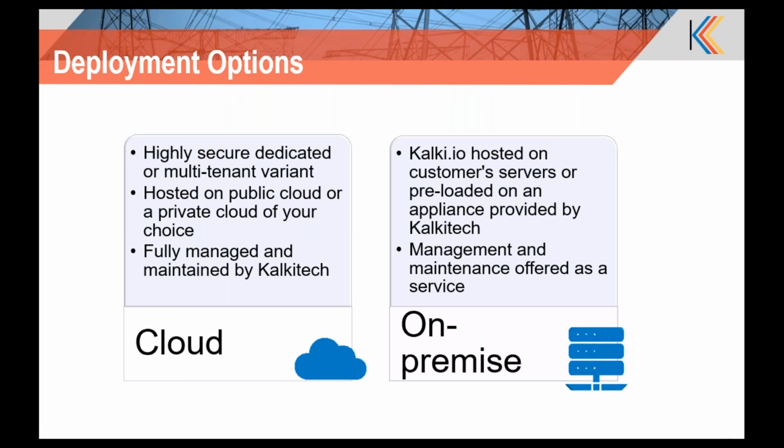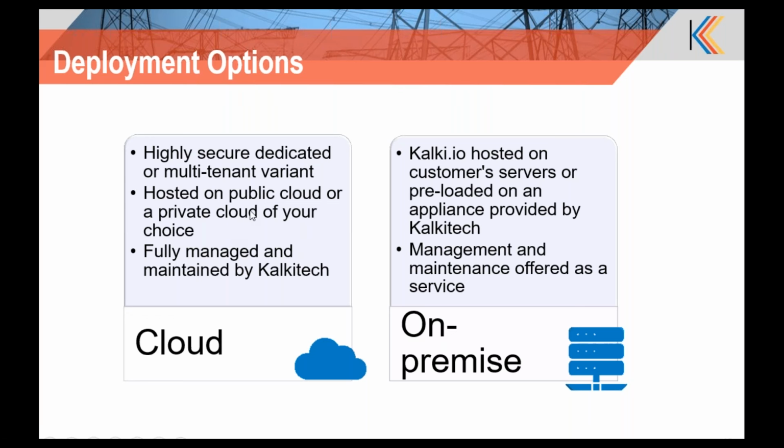So let's talk about the deployment options. Calculator.io can be deployed on cloud. The default option is public cloud, where you can go to www.calculator.io.com, create an account, access the Solar data pack, and straight away connect your devices to that pack.